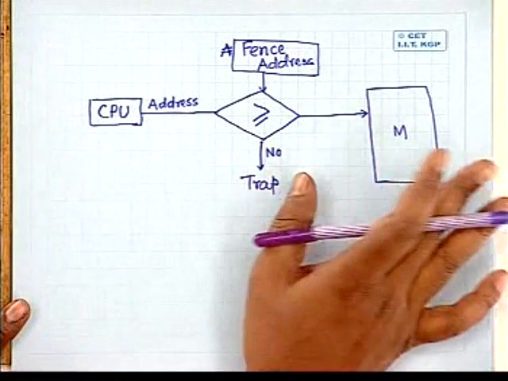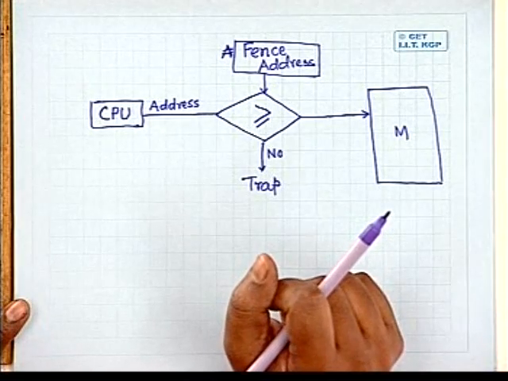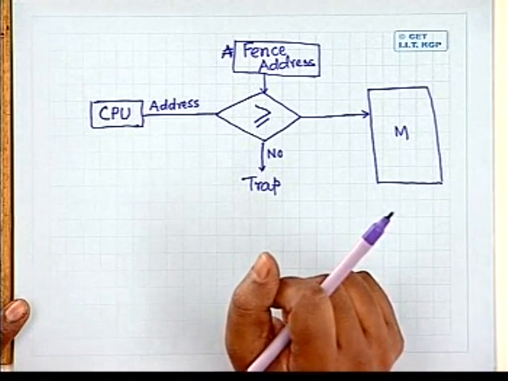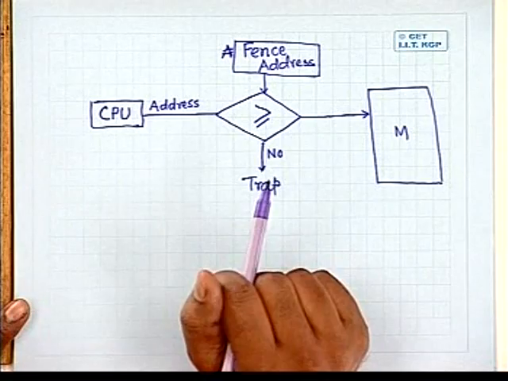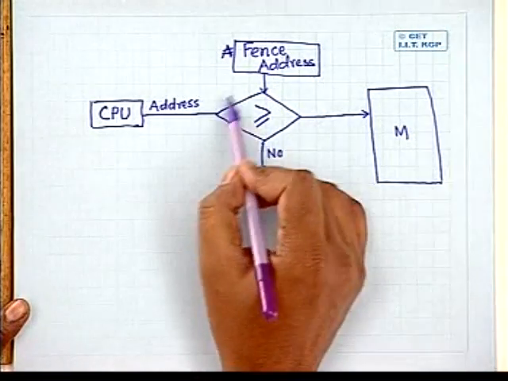To solve this problem, what we can do is, let us not fix the fence address in hardware, but let us have something called a fence register. The content of the fence register will say what the fence address is, and the comparator part can still be in hardware.